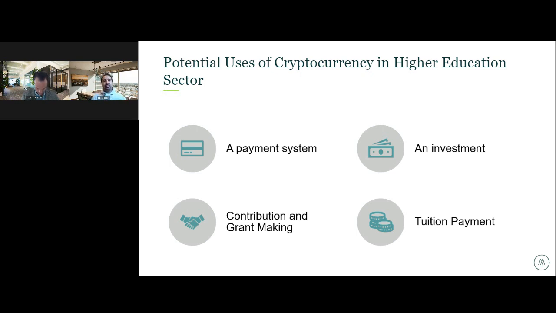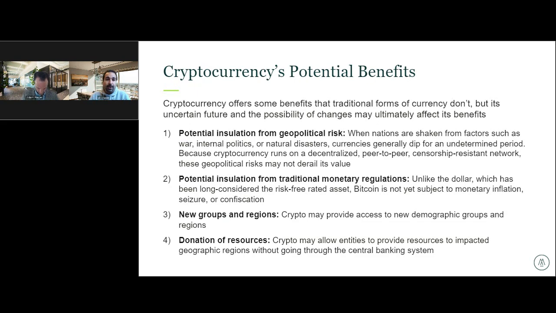Now let's talk about the benefits here. You don't have to go through a central banking system to transact in crypto assets, right? It's not tied to the Federal Reserve. It's not tied to any geopolitical location.